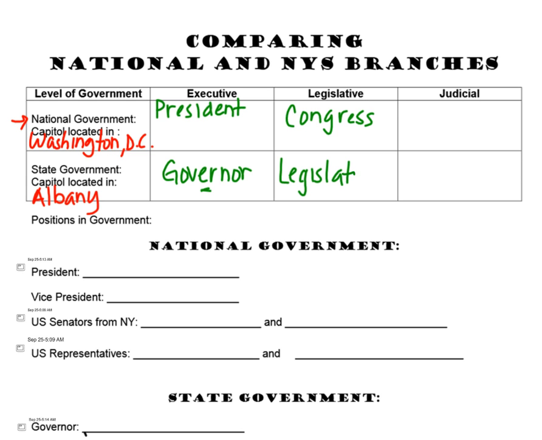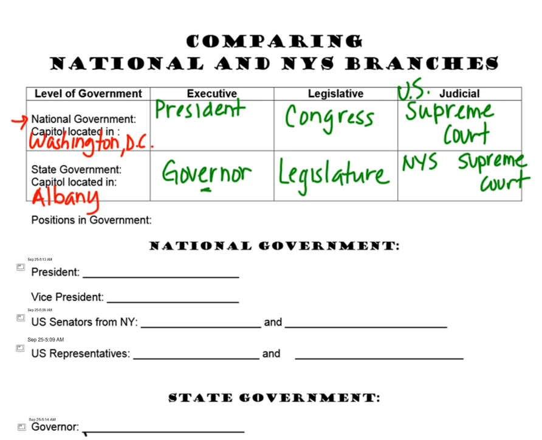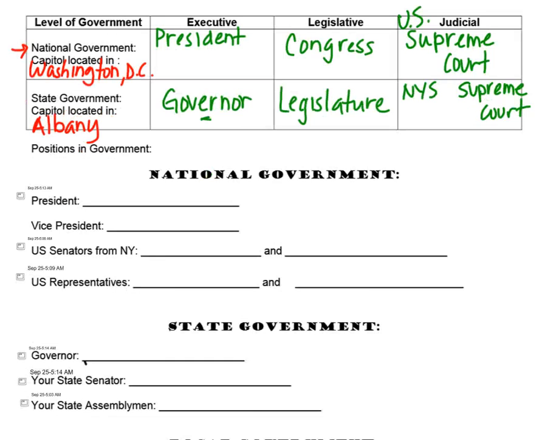It's not called that in every state, but in our state it is. And then the highest court on the national level is the U.S. Supreme Court. And on the state level is the New York State Supreme Court. Now, it's not called that in every state, but it just so happens to be called that in our state.